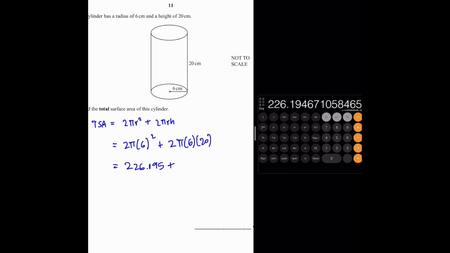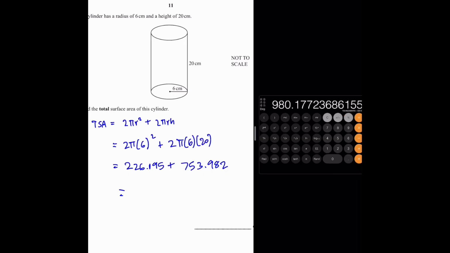Plus, let's do the second one, 2 into pi into 6 into 20. We get 753.982. So that's equal to, let's add it up, 226.195 plus 753.982, 980.177 centimeters squared. That's the answer.